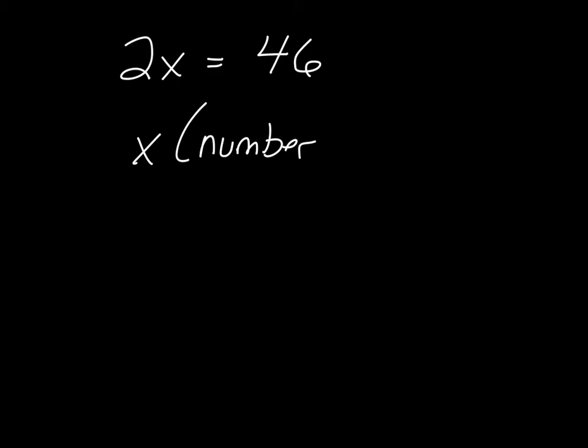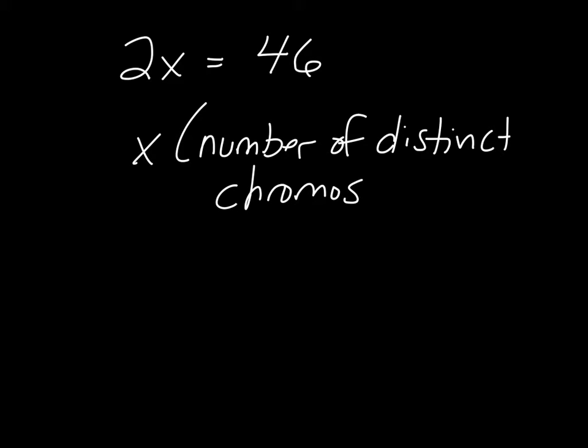So if we have 2 copies of every chromosome and we have 46 total chromosomes, that means that X, which is the number of distinct chromosomes, will equal 23.